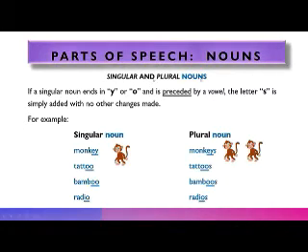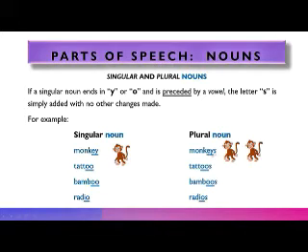Parts of speech, nouns. Singular and plural nouns. If a singular noun ends in Y or O and is preceded by a vowel, the letter S is simply added with no other changes made. For example, singular noun, monkey.